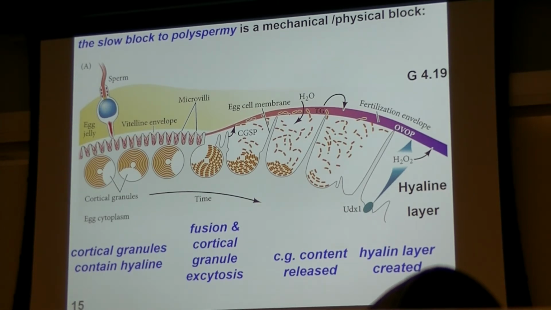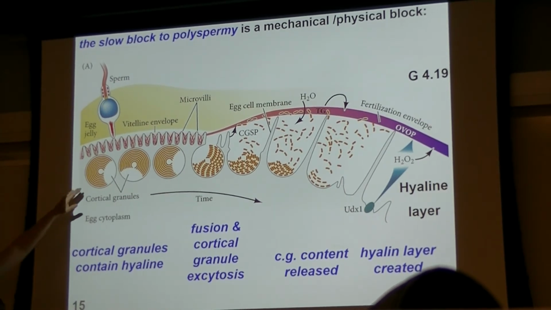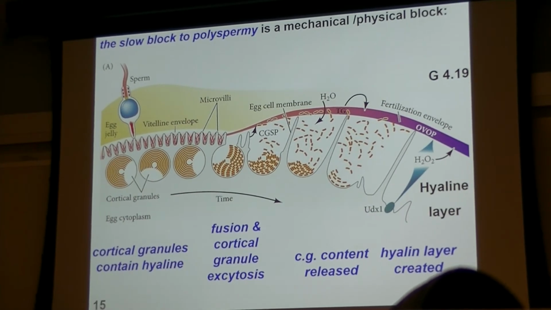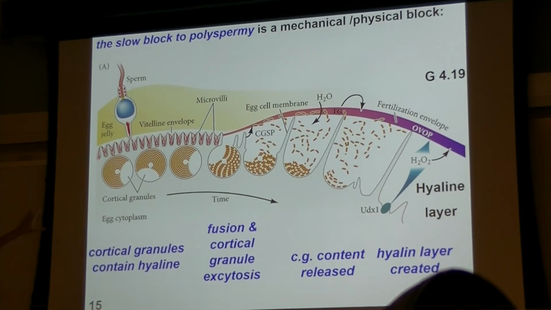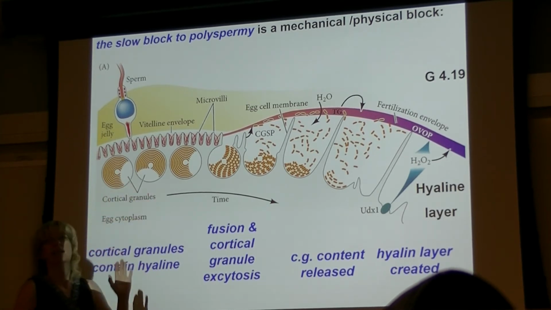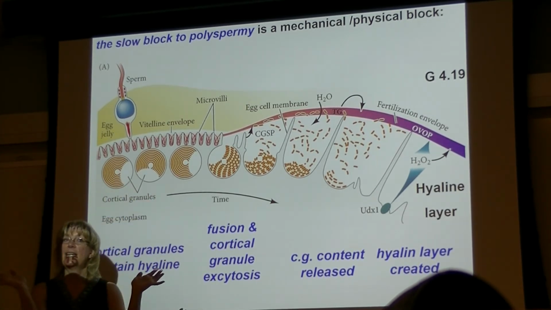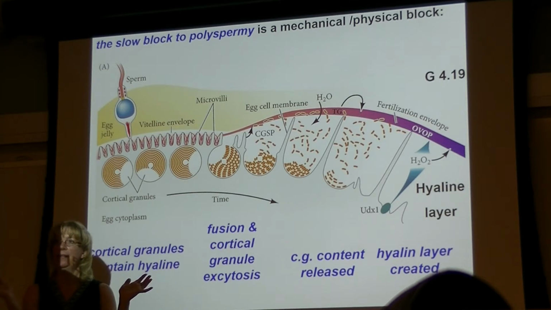Okay. So here we had cortical granules, egg plasma membrane. Outside of that is the vitelline envelope, and outside of that is the egg jelly layer. So as this cortical granule contents gets released, it's going to be on the outside of the egg plasma membrane, okay?